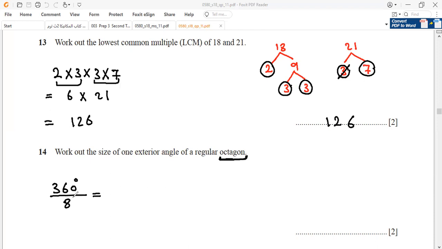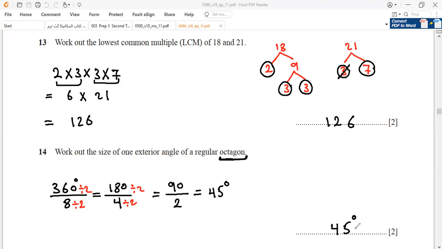We can simplify, divide by 2, and here divide by 2. 360 divided by 2 is 180. 8 divided by 2 is 4. We can divide by 2 again, up and down, to get 90 over 2, and 90 over 2 will be 45 degrees. So the answer here is 45 degrees.